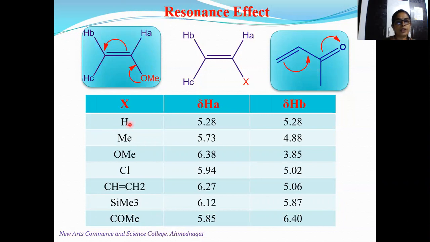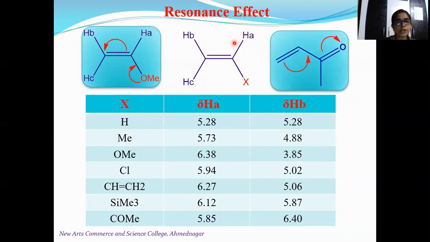Now we'll consider X as hydrogen, and that is the reference compound. So for the olefin, the chemical shift value for proton HA and proton HB is 5.28. That is, both the protons have the same chemical shift value. But if we substitute a methyl group in place of hydrogen, the chemical shift values change.